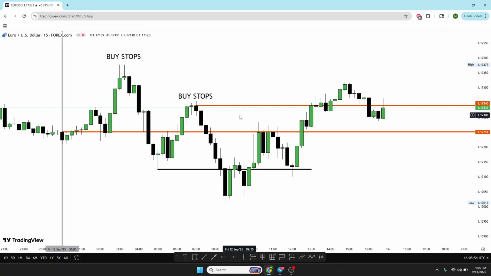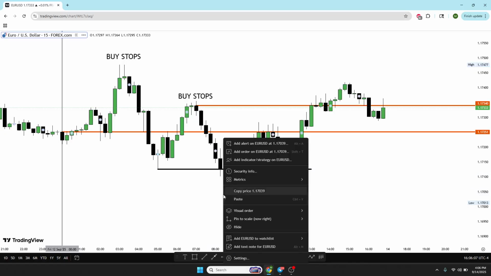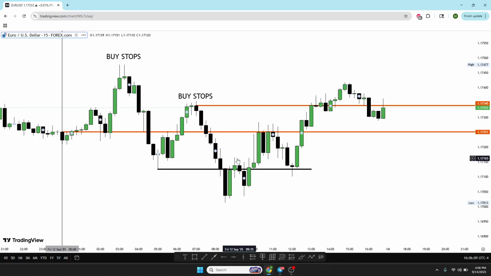Now for entry, we wait for an order block, this candle here, to be traded through. Meaning, once we close on this down close candle, any candle that trades above it confirms that this candle becomes a bullish order block.